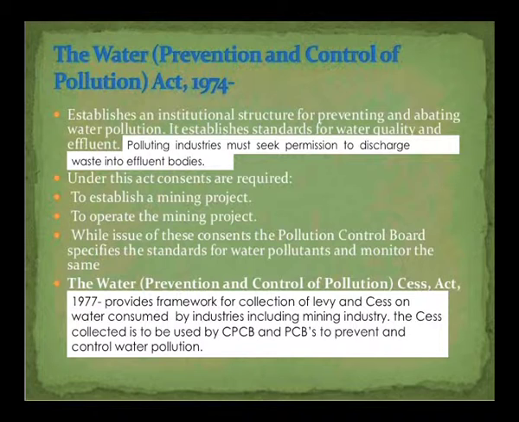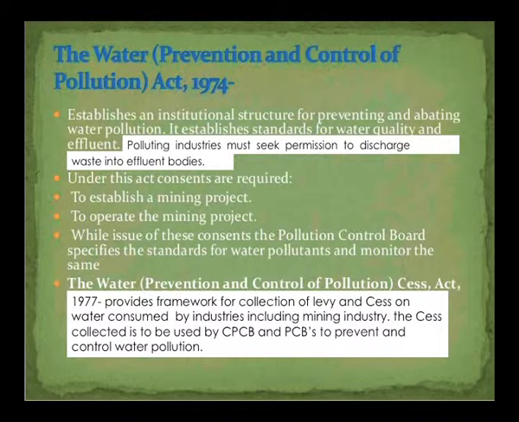Under this Act, consents are required to establish a mining project and to operate a mining project. While issuing these consents, the Pollution Control Board specifies the standards for water pollutants and monitors the same. The Water Prevention and Control of Pollution Cess Act 1977 provides a framework for collection of levy and cess on water consumed by industries, including the mining industry.